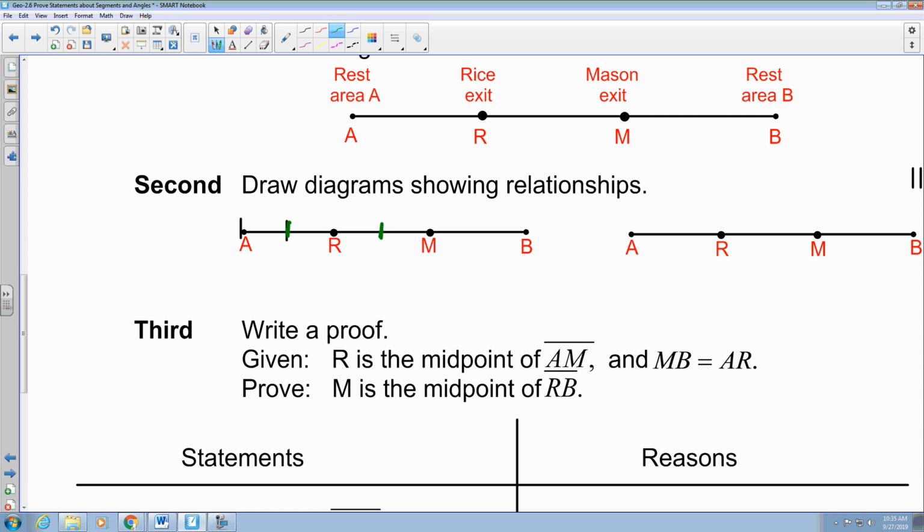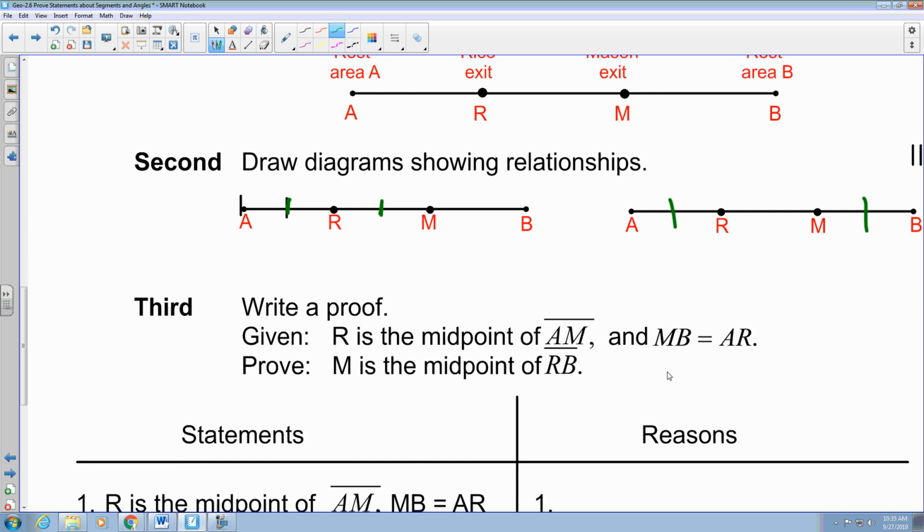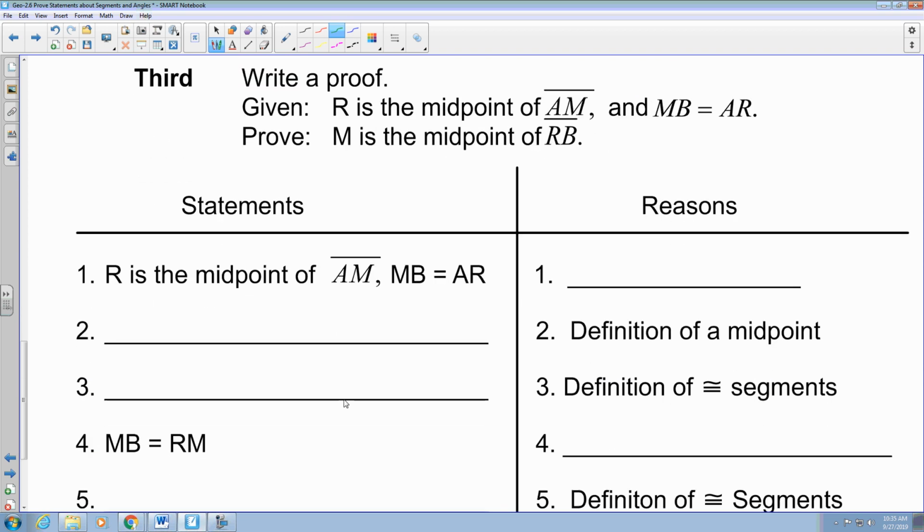I'll just keep those as two statements to help us out with the proof. So here it says that R is the midpoint of AM and MB is equal to AR, which is given.